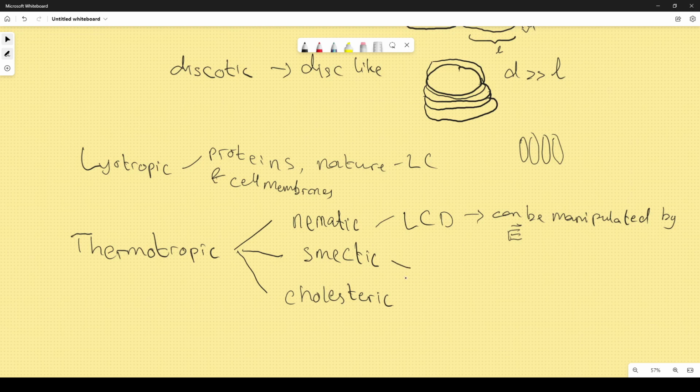And the smectic ones form layers, as we will see later in the video. They will form something like this. This is the molecules making up the liquid crystals. And the cholesteric, in other words known as twisted nematics. You will see why later in the video.